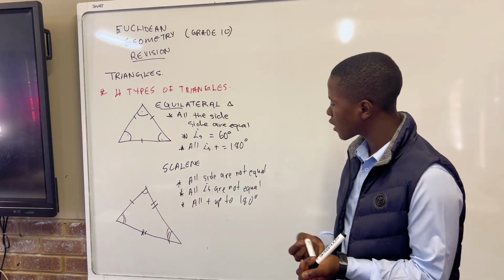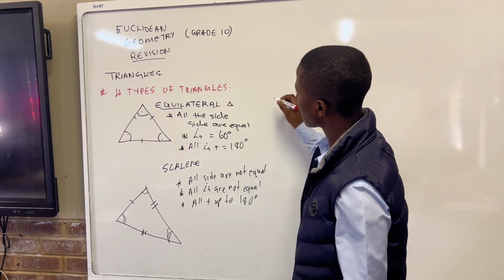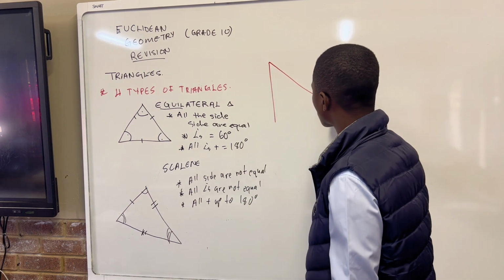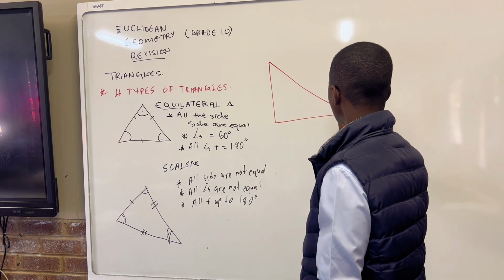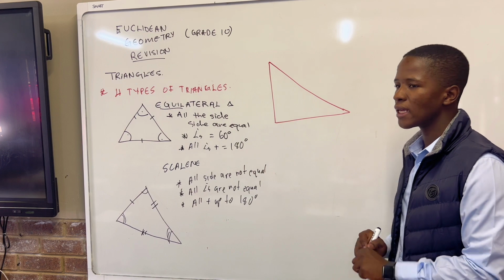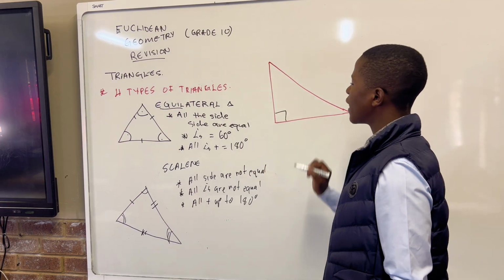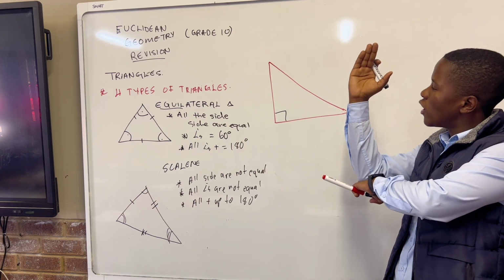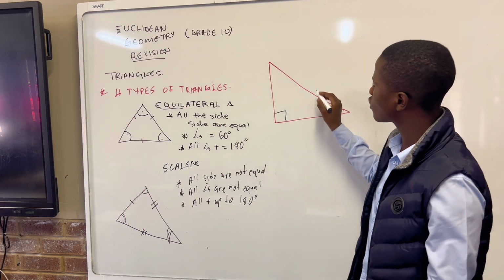So now another type of triangle that we are going to look at is your right-angled triangle. Basically, what is going to happen there is that it's going to form a 90 degree angle here, right? So what do you know about this?